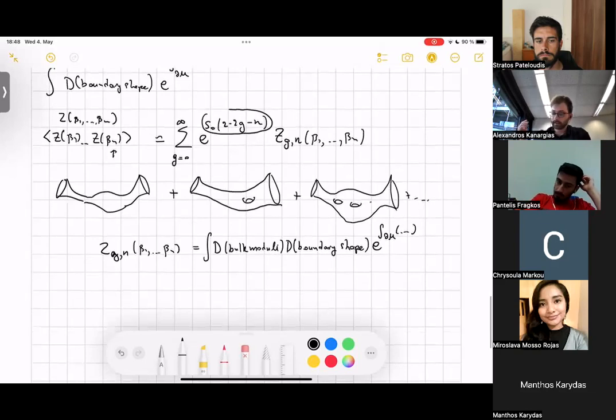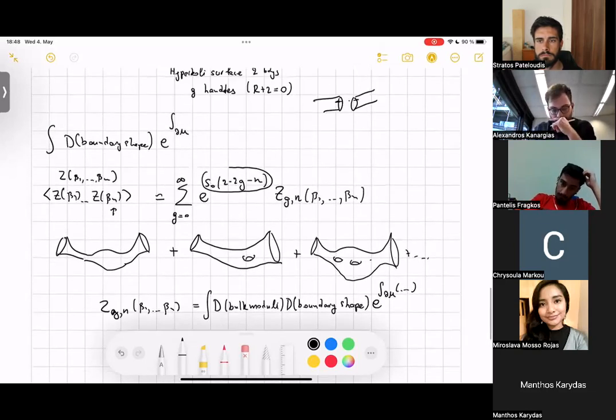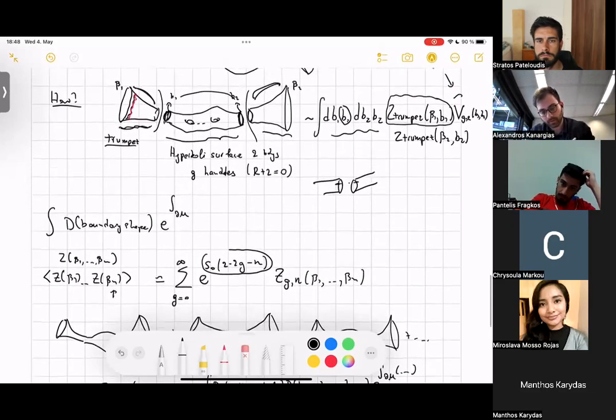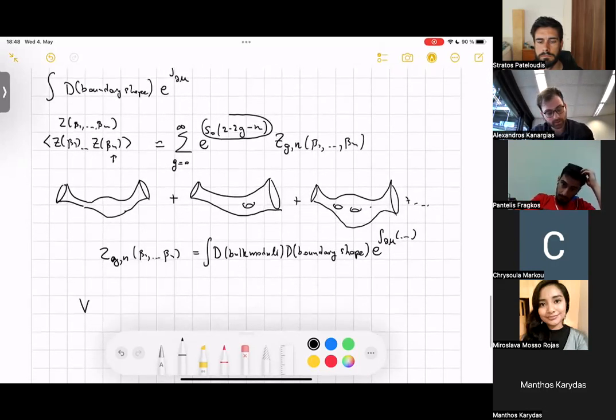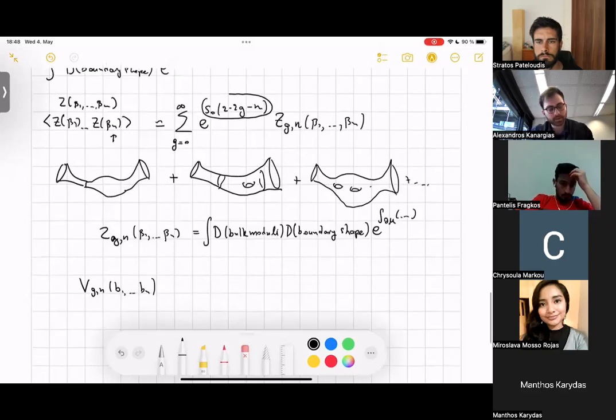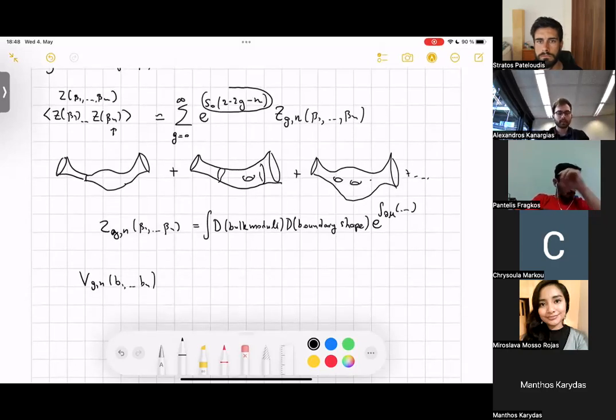And what is so nice here is that these volumes, V_{g,n}, depend on the boundaries. If I cut here, these volumes are studied by mathematicians, and Mirzakhani derived the recursion relation for them.